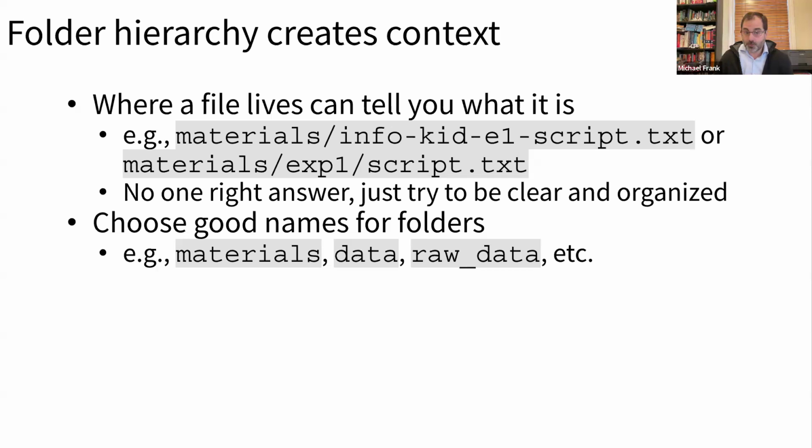There is no one right answer to this question. There are lots of different ways, but if you think that names are incredibly important and you stop and think about the name of a file and whether it is as clear as possible, you're going to end up with a project folder that is well organized and transparent, and that's going to serve you well.